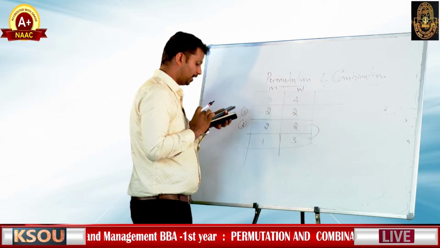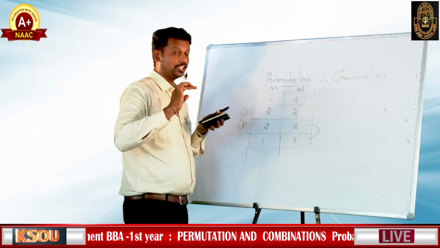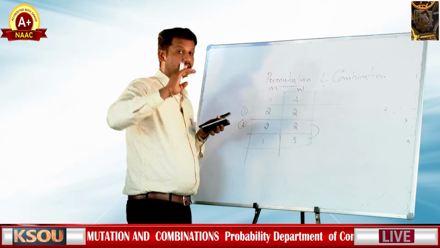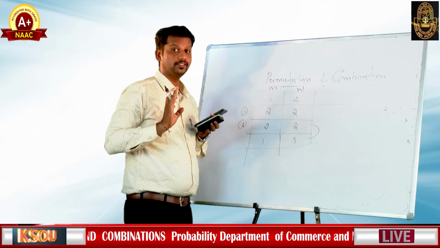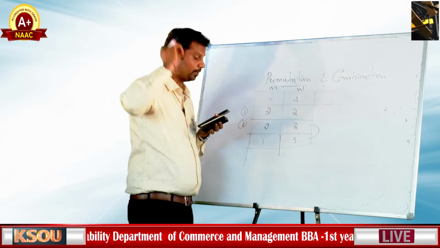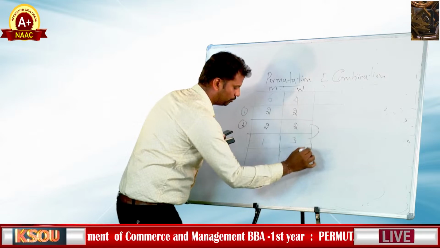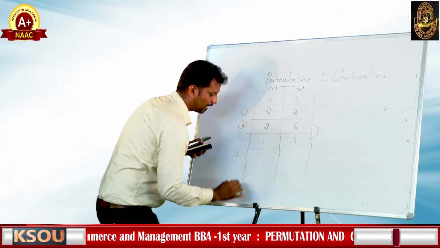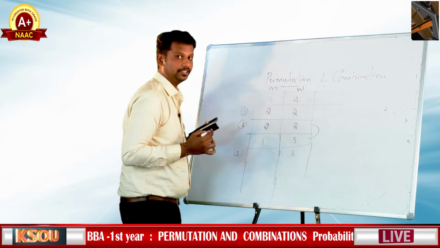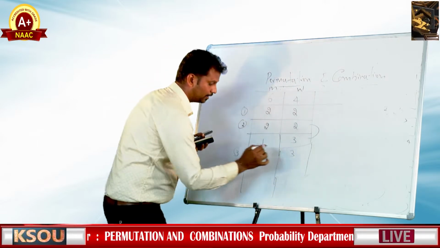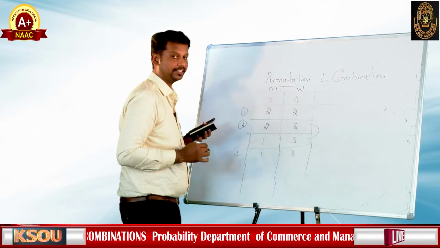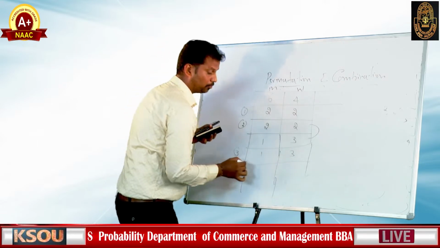Then another one is at most 3 women. At most means maximum 3 women. If you take 3 women, the remaining 1 should be a man.